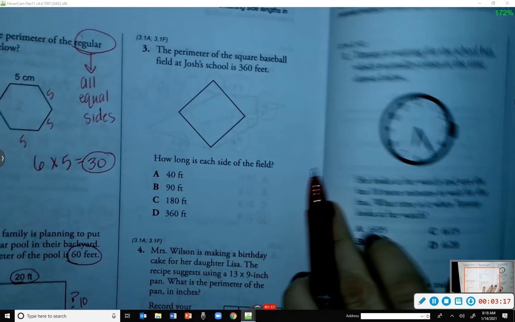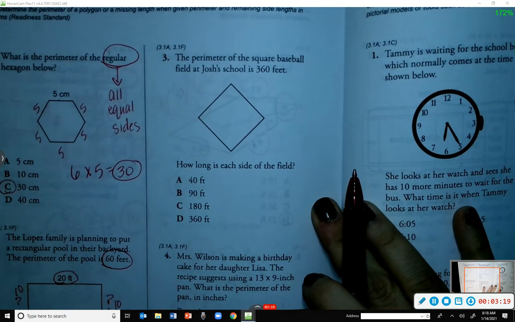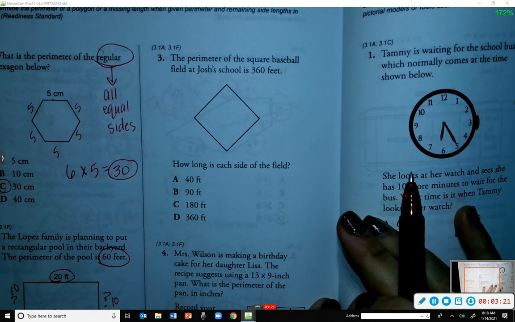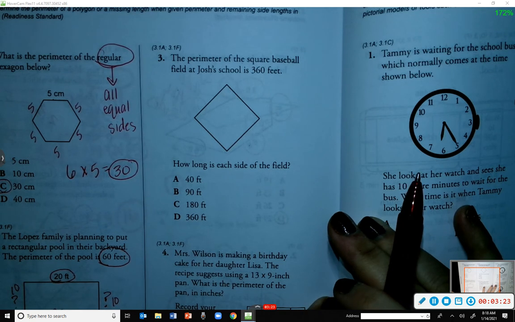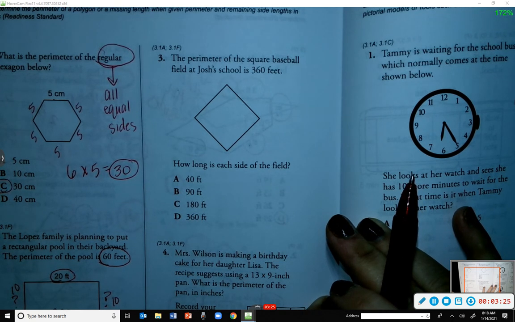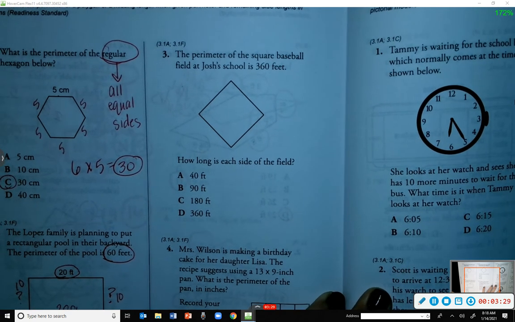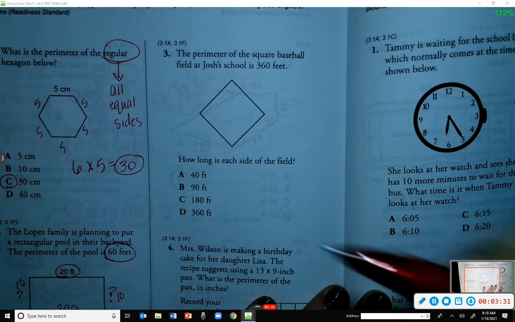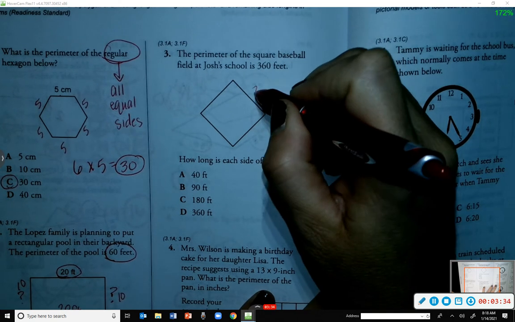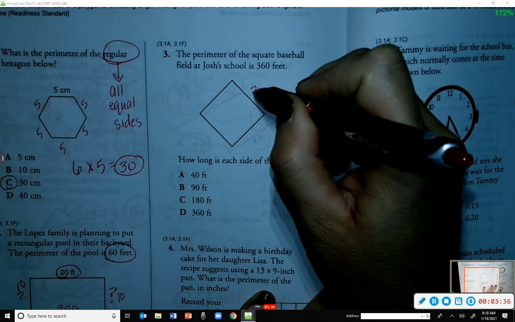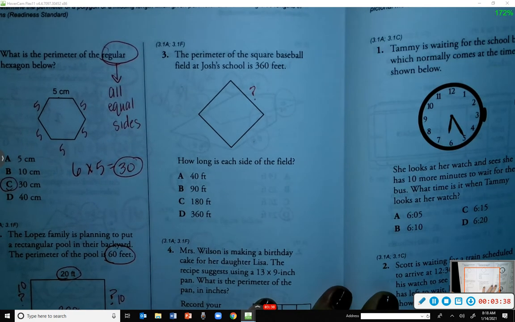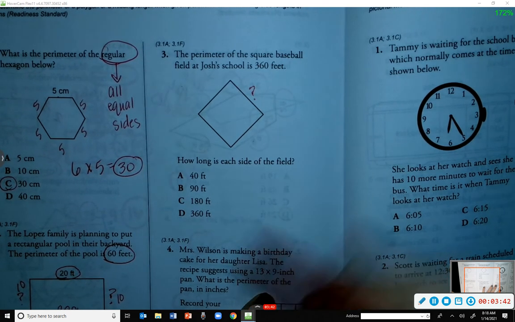Okay, number 3. The perimeter of the square baseball field at Josh's school is 360 feet. How long is each side of the field? Okay, so we need to figure out what each of these sides are, and they're all the same, right? Because it's a square. Square baseball field.